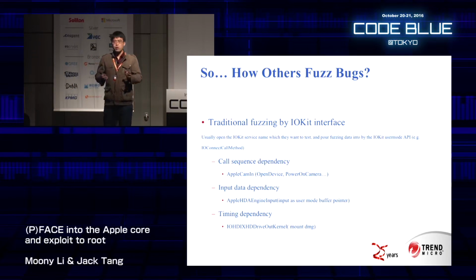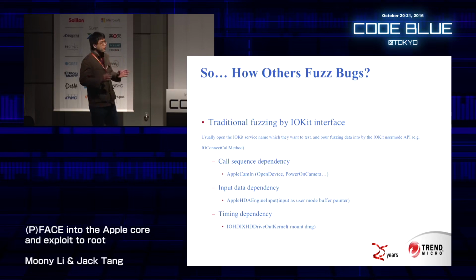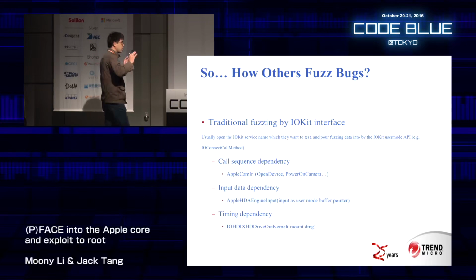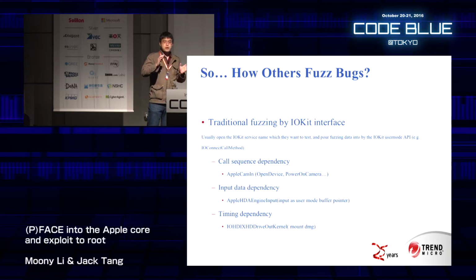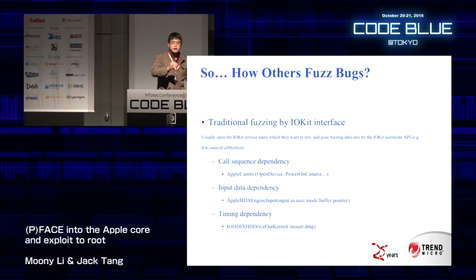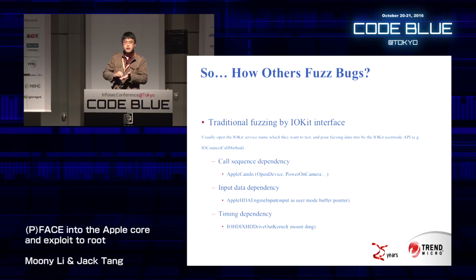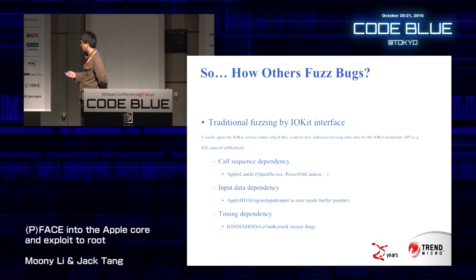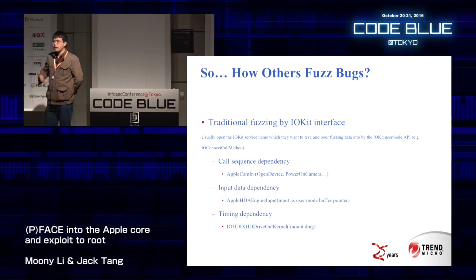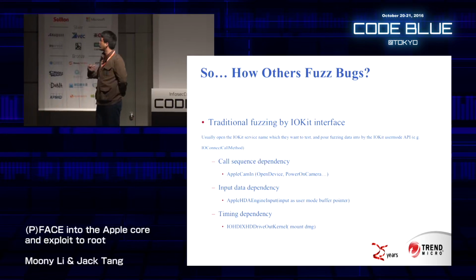The traditional way is that the researchers would open the services which are exposed by IOKit and pour the fuzz data into the important API, such as the IOServiceOpen, IOConnectCallMethod and so forth. The fuzz data will be transferred to the kernel, and if the kernel cannot handle the fuzz data correctly, then the whole kernel would crash. This is the active way to fuzz the OS X kernel, as we call it.